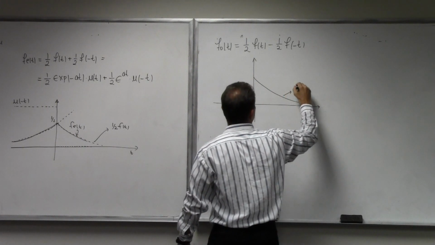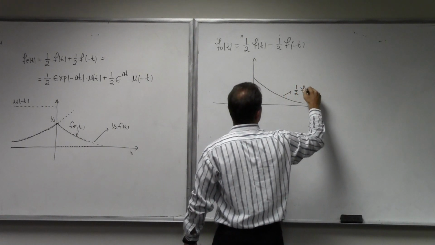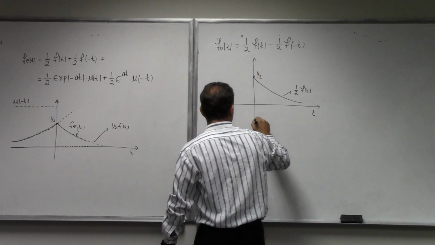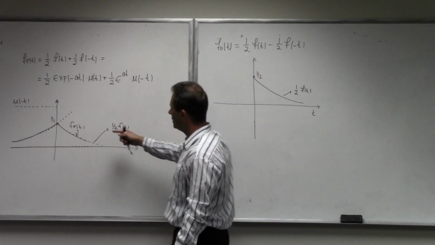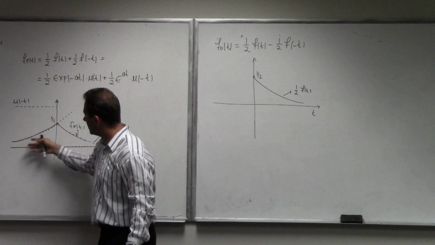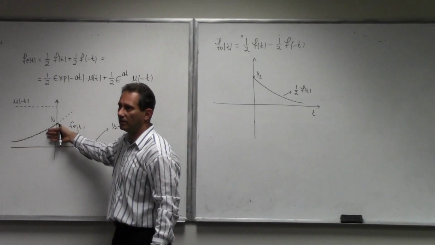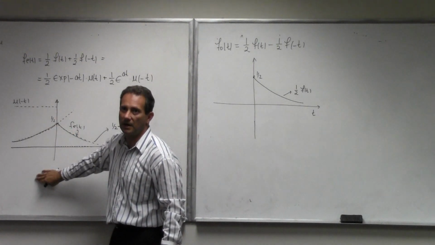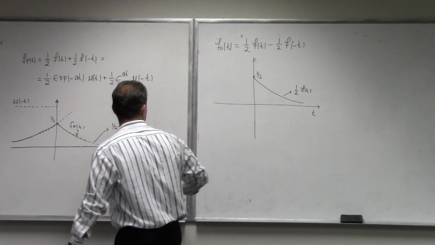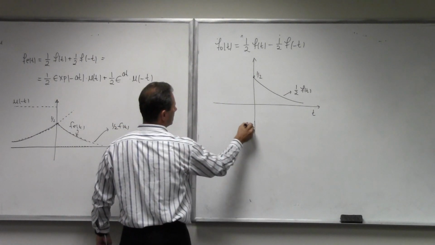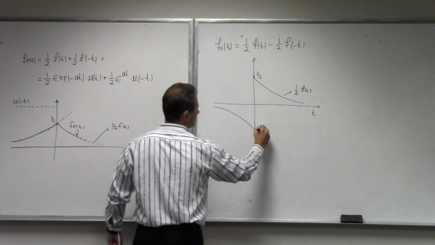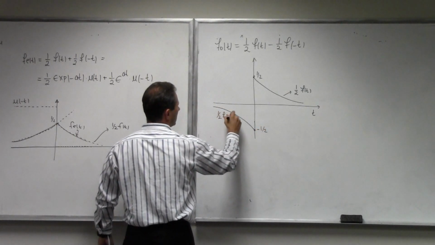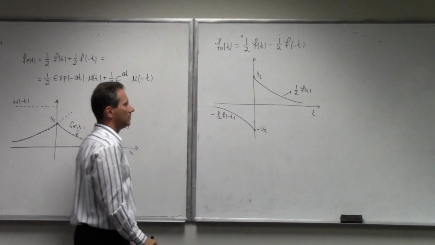It goes here through 1/2. Now, this is f of minus t. But minus 1/2 of f of minus t flips this down, below the x-axis. So you end up with this, where this is minus 1/2. So this is 1/2 f of minus t with minus up front.